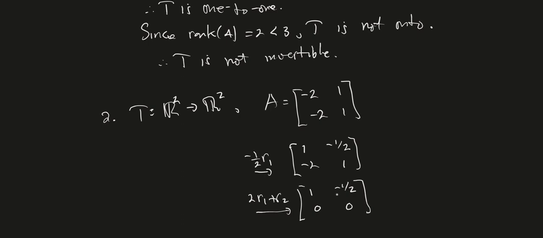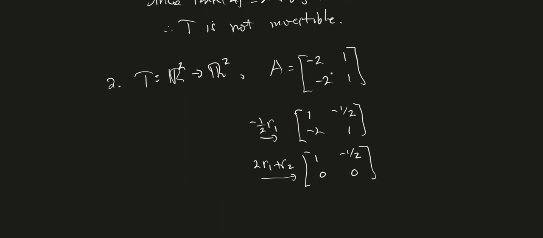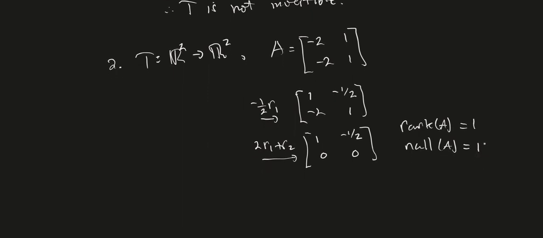So now we do have a free variable. There's only one pivot, right? So this tells me that the rank of A is 1 and the nullity of A is 1. Remember, the rank and the nullity have to add up to the number of columns in your matrix. So this tells me that this transformation is not 1 to 1 because the nullity is bigger than 0.